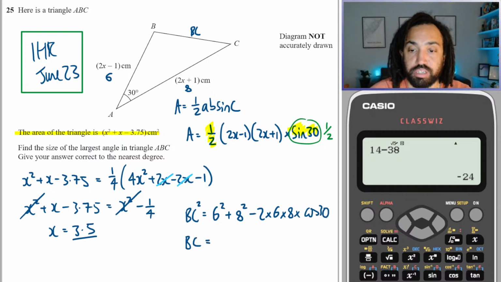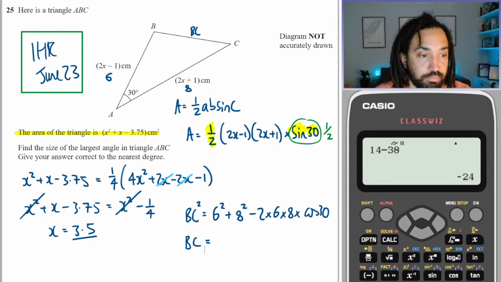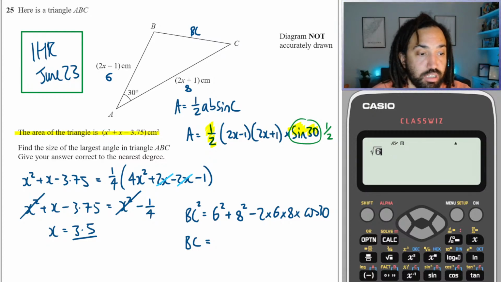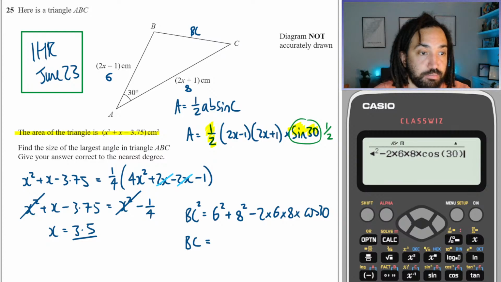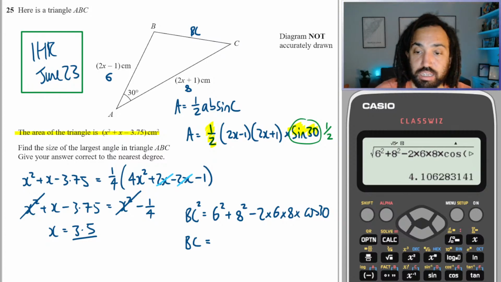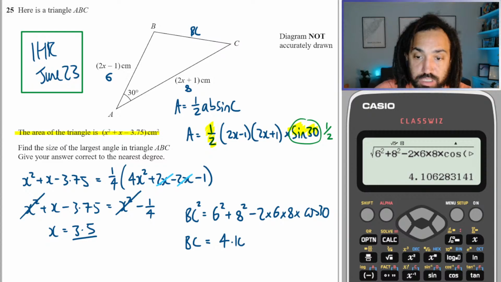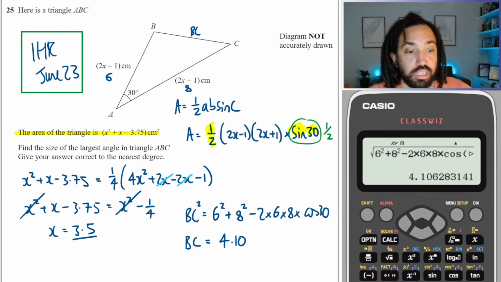And from there, we can use our calculator to work out BC. So it'll be 6 squared plus 8 squared minus 2 times 6 times 8 times cosine of 30. And we get 4.10. Okay, great.